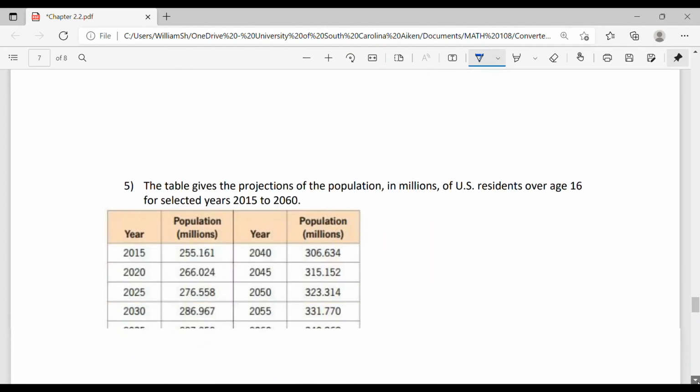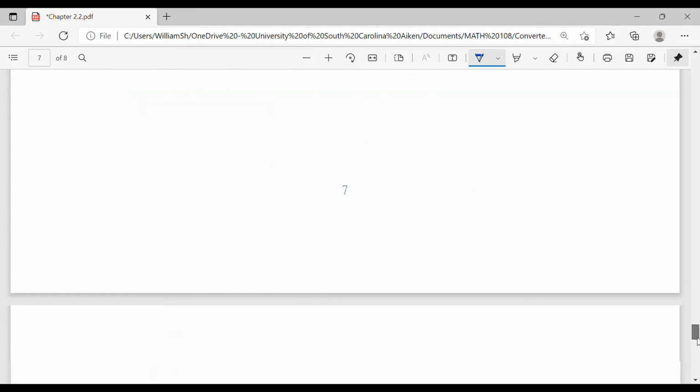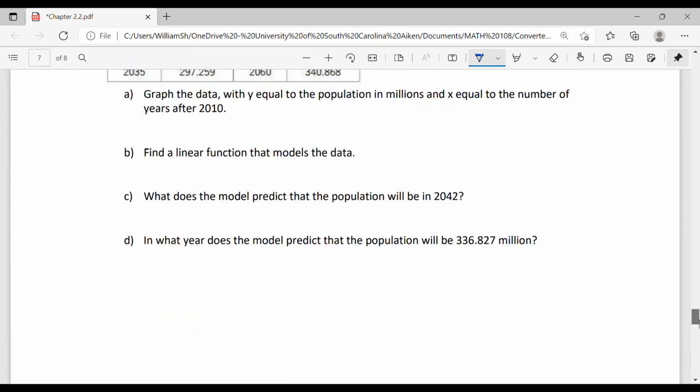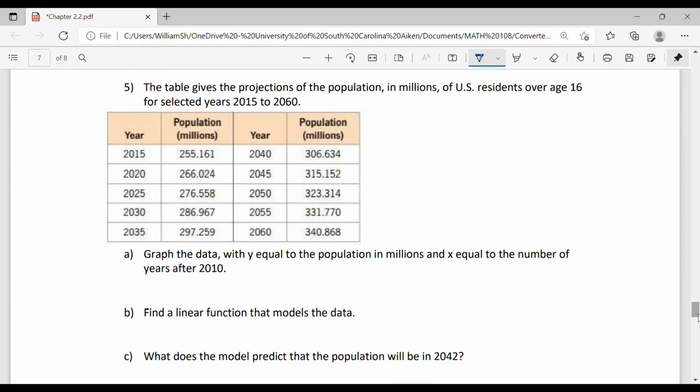All right, I think we have two more questions this lecture. So let's look at the next one. It says the table gives the projections of the population in millions of U.S. residents over age 16 for selected years from 2015 to 2060. And it gives us that in this nice chart.